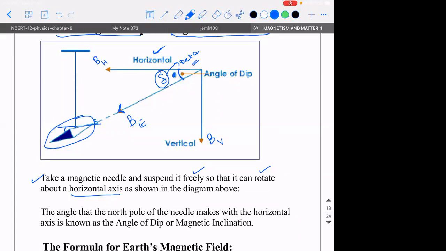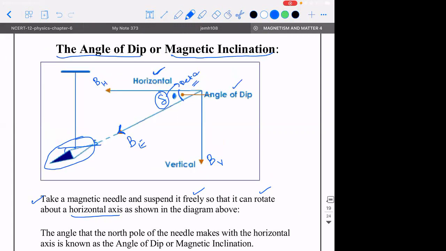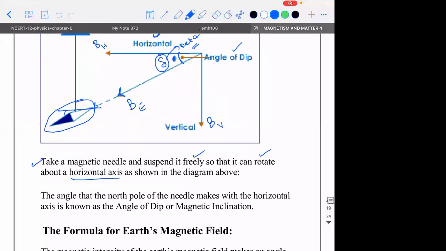It is represented by the symbol delta. The other names for angle of dip are angle of inclination or magnetic inclination. Please make a note of it. The angle that the north pole of the needle makes with the horizontal axis is called the angle of dip or magnetic inclination.